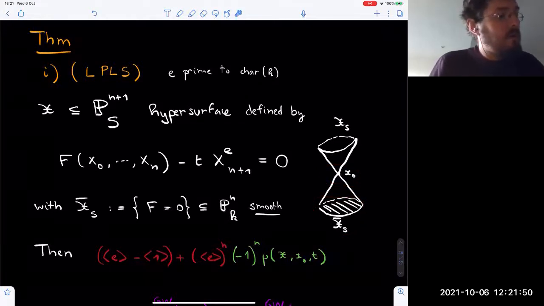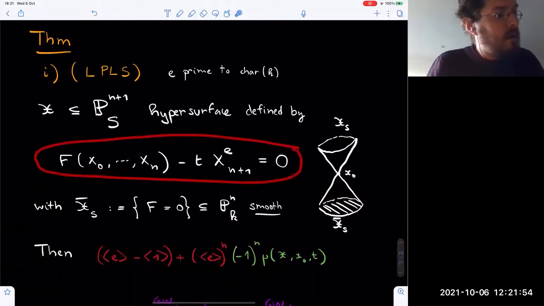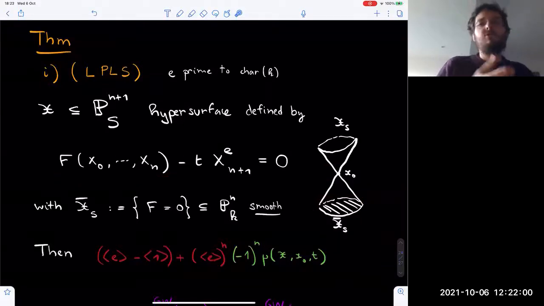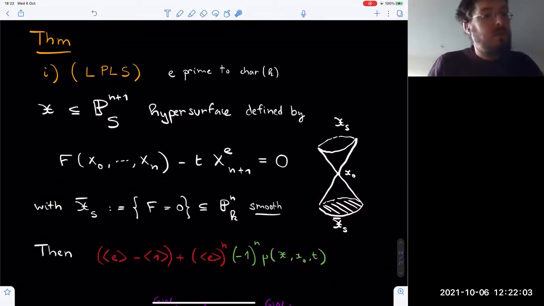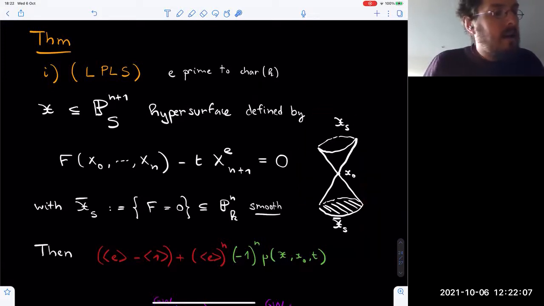So this is the situation where you have a hypersurface defined by this equation, and you assume that the hypersurface in a projective space of one dimension lower is smooth, and so really the geometry is like this. Maybe this is the quadratic case, the case e equal 2, but still in general it's very similar.